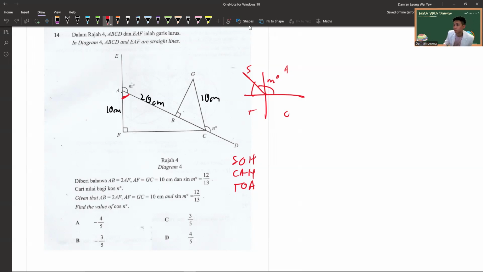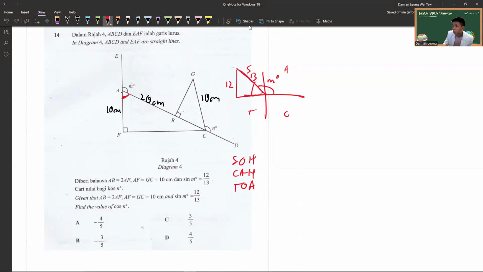So you see, although I don't have the opposite length, if it's 12 over 13, it should relate: opposite 12, hypotenuse 13.